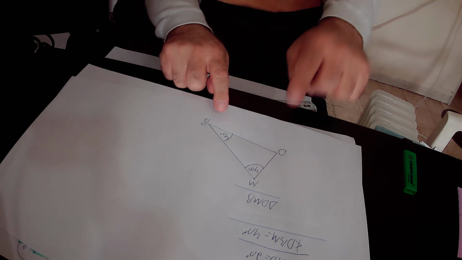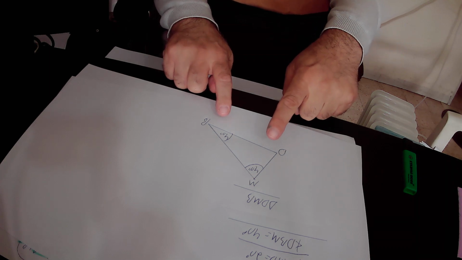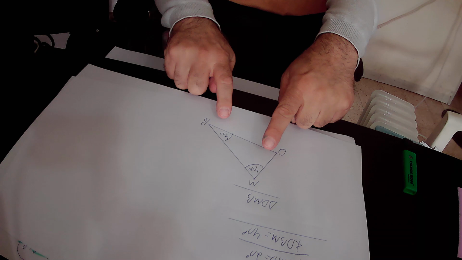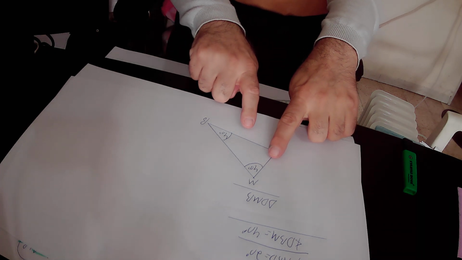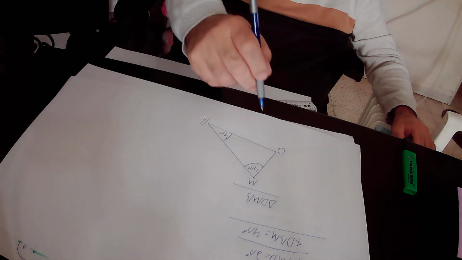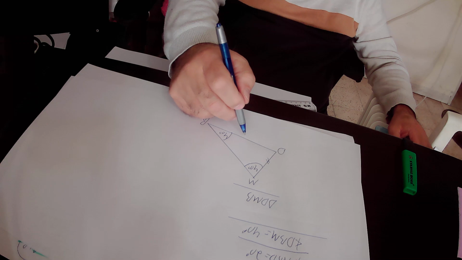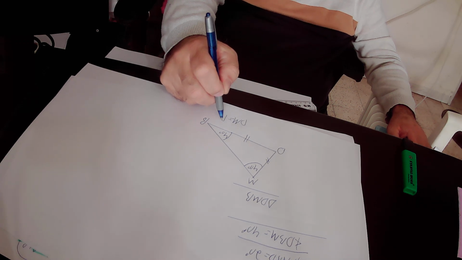Those two angles are equal to each other. Again, we have the same rule: in front of equal angles in the triangle, there are equal sides. So those two sides located in front of those two equal angles must be equal to each other. That is to say, side DM equals side DB.